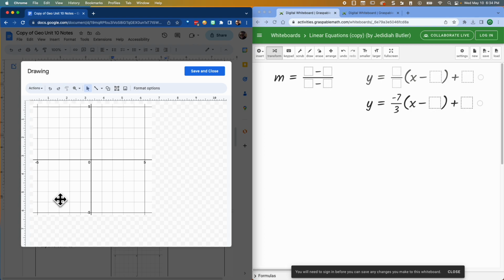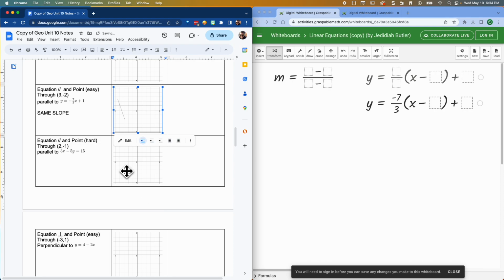So I'm going to go down 7 and over 3, or that'd be the same as 3.5 and 1.5. So about there, 3, -2. We'd be looking at a line that looks like about this. And it's going to go through that point 3, -2 there.